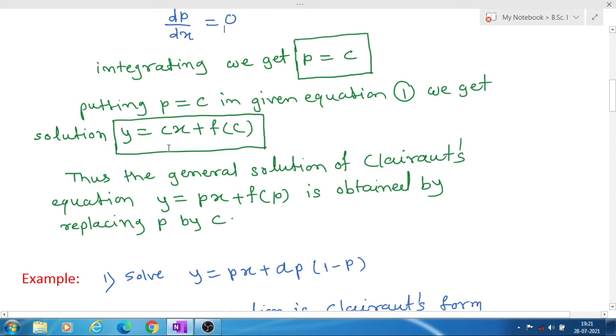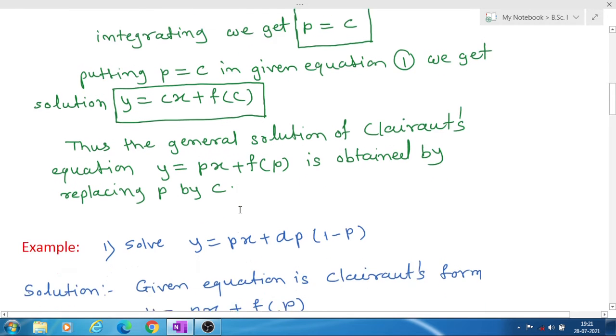So you see, if the differential equation is y is equal to px plus f of p, then its solution is y is equal to cx plus f of c.